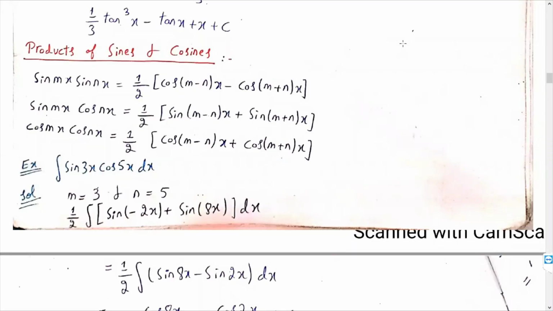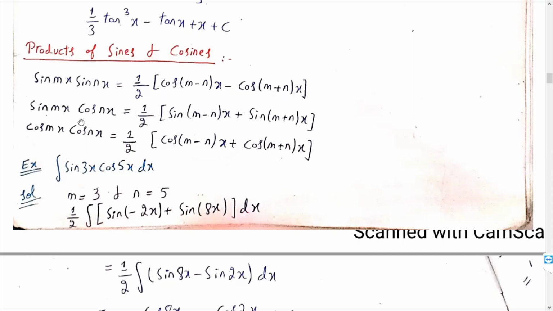Now there is one last class of integrals that we are going to look at, and that is integrals of the form sine of m theta and sine or cos of n theta. So the sine and cos both have different arguments. If we have something like sine of mx into sine of nx, we can solve it as 1 by 2 into cos of (m minus n) x minus cos of (m plus n) x.